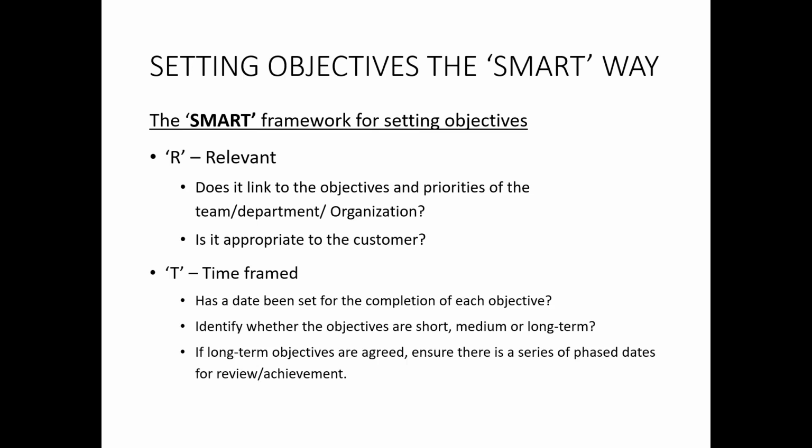And long term refers to a number of years. If long term objectives are going to be set for the project or for the product, then it should be ensured that there are a number of intermediate steps or intermediate phases.